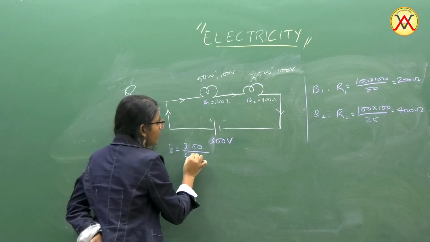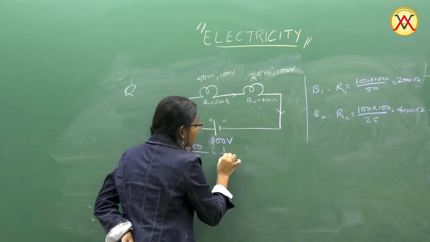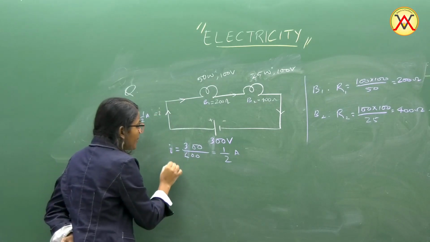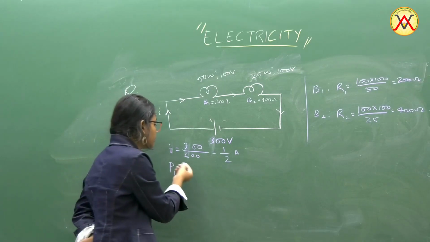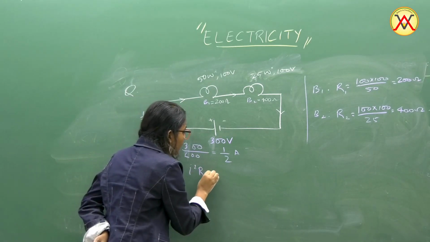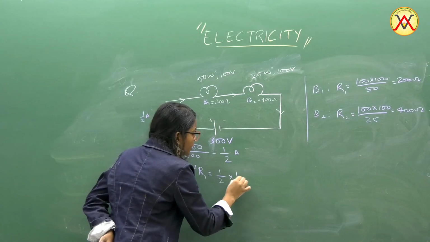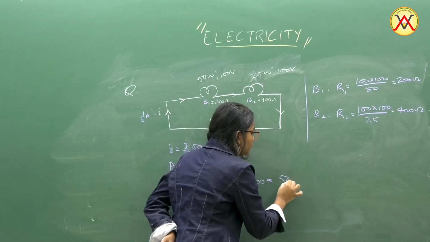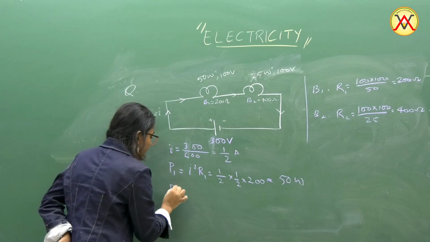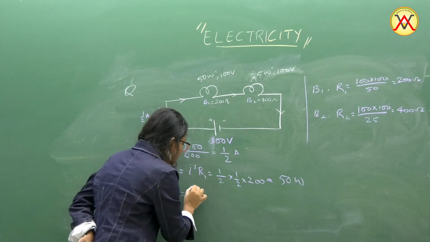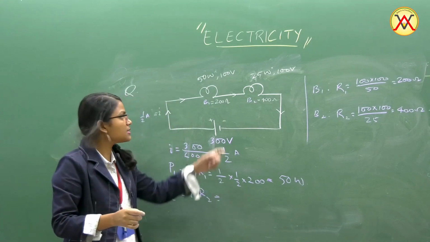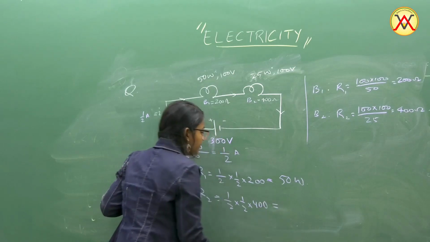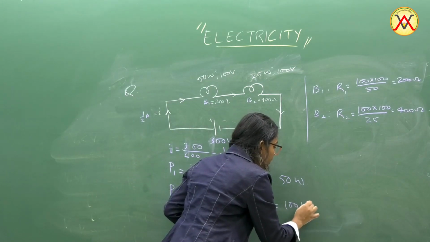I would be 300 upon 600, that is equal to 1 by 2 amperes. Going through the same approach, P1 would be I square R1, 1 by 2 into 1 by 2 into 200, which would be equal to 50 watts. P2 equals I square R2, 1 by 2 into 1 by 2 into 400, which would be equal to 100 watts.